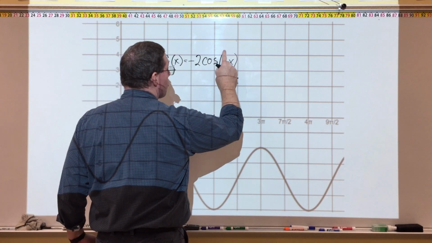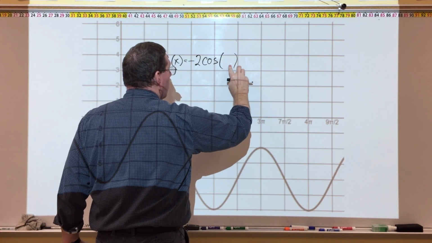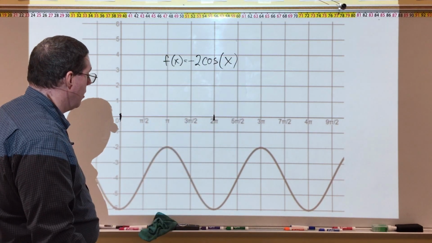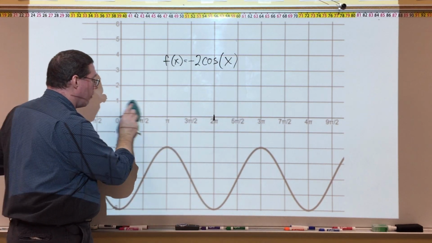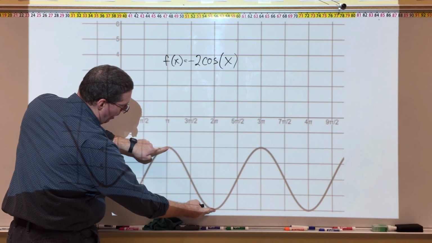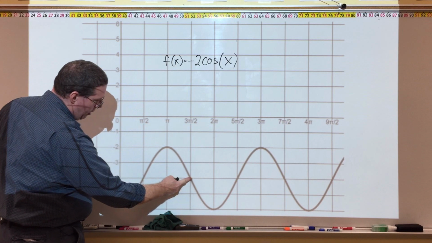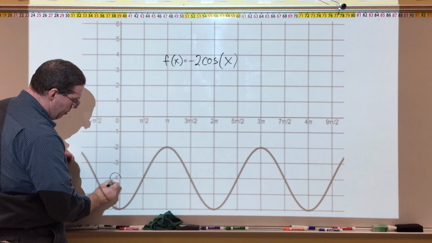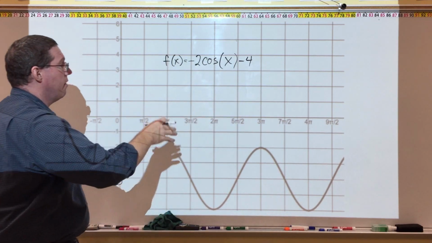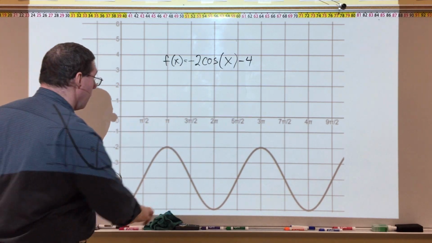So there's a 1 here, so it's 1x or just x. So this is going to be negative 2 cosine of x. And now we want to know, what is the vertical shift going to be? What's the midline? Well, if we go to the top and the bottom and go halfway, that's right here. This is the midline, and that is negative 4. And so this is going to be negative 2 cosine of x minus 4.